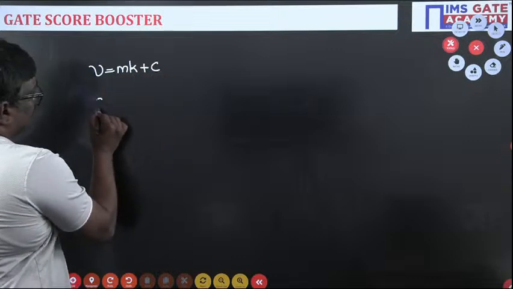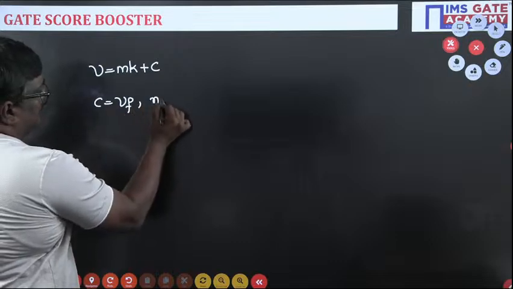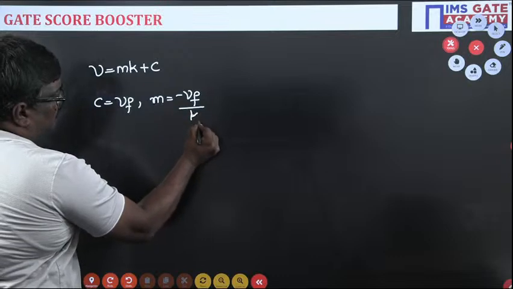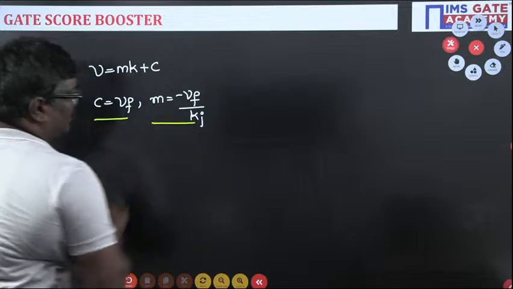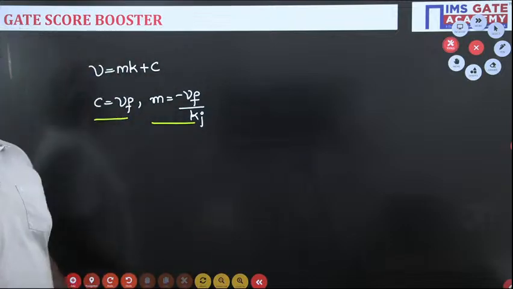C is equal to what, sir? vf, and m is equal to minus vf upon kj. Now you got the values of c and m, just plug in these values in velocity.